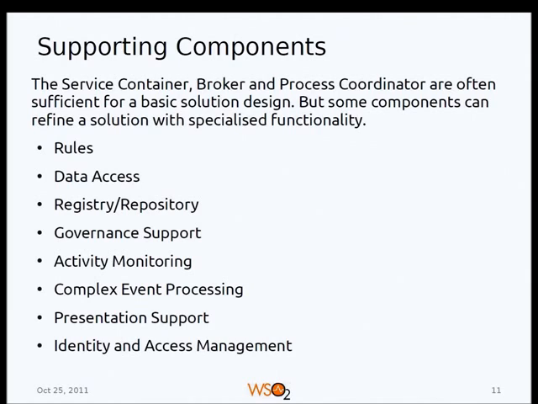Once your system goes live, you would also need to monitor it to make sure that it's healthy, because quite often systems are victims of their own success. And you need to know when something is getting overloaded and be able to address those kinds of issues. And a more sophisticated form of activity monitoring is complex event processing.